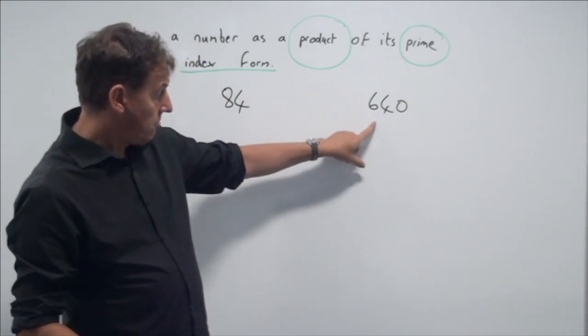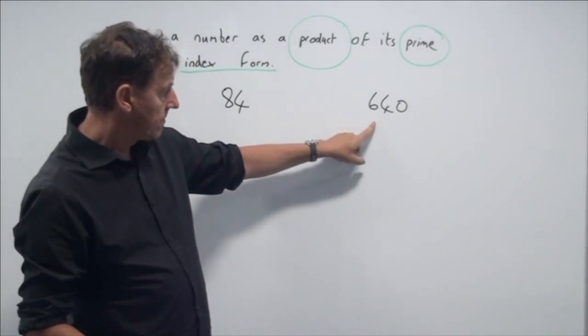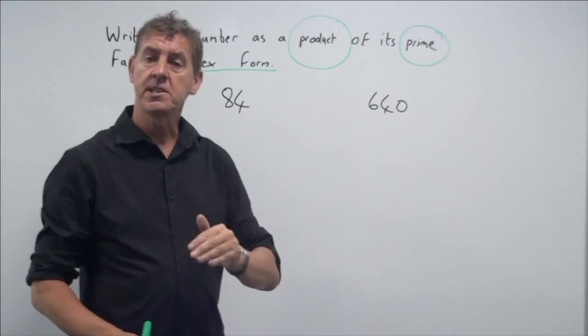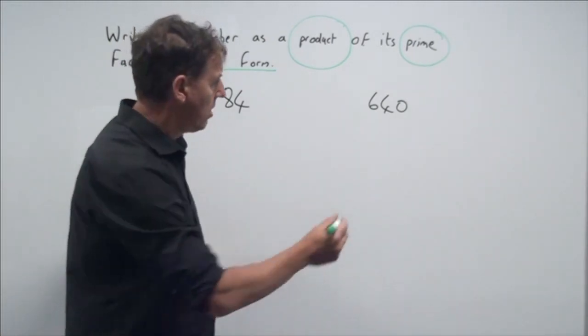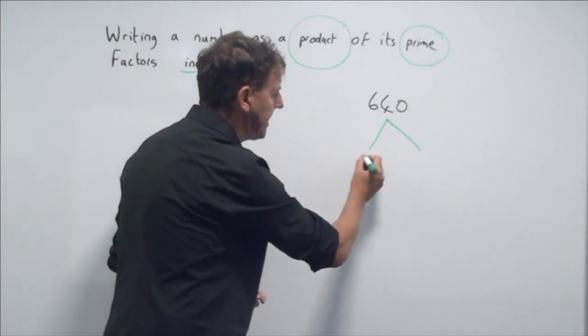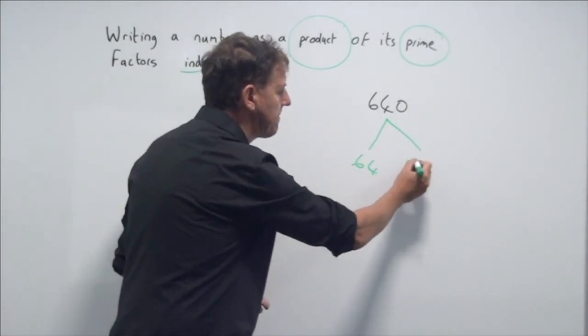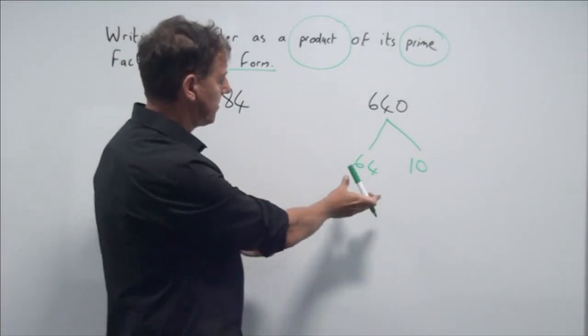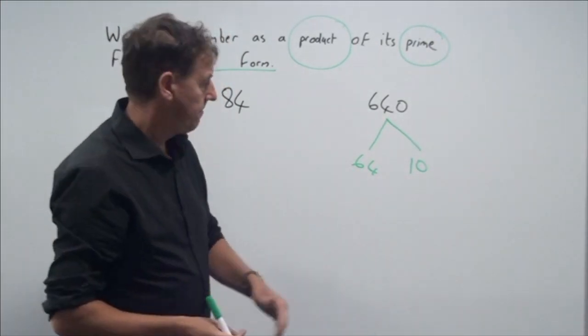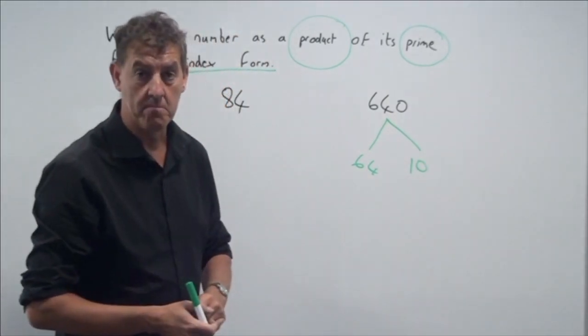You could use 2 because it's an even number, but I'm going to use 64 times 10. I know neither of those numbers is prime, but it allows me to get into the number and break it down fairly quickly. I'm not putting a circle around either: 64 and 10 are definitely not prime.